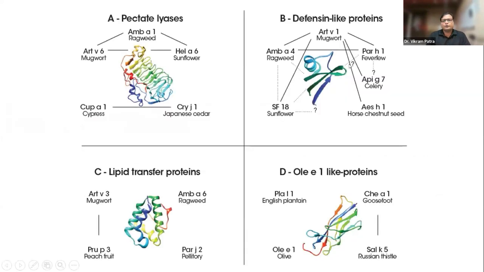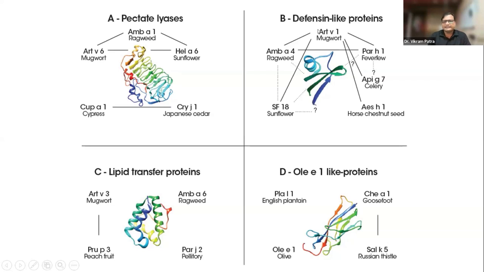So these are the different protein groups present in weeds: the pectate lyases Amb a 1, Art v 6, and the sunflower Hel a 6. Then the plant defensin like proteins: Art v 1, Amb a 4, and the feverfew Parthenium Par h 1.